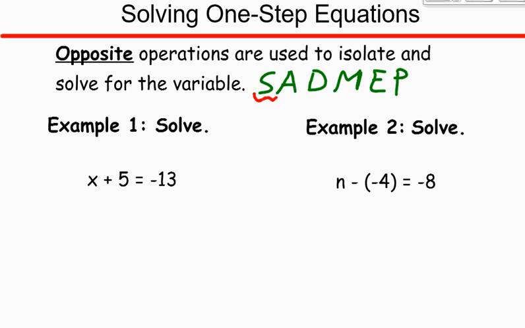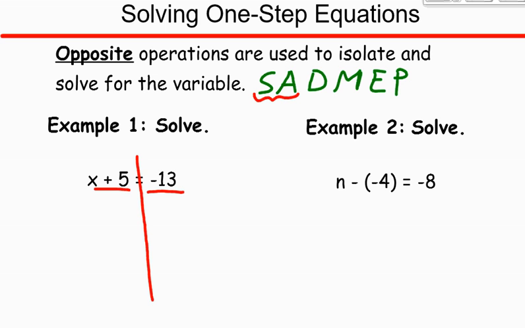So first of all, I'm going to undo any addition or subtraction that I see. When you're solving equations, the very first thing that you should do is draw a line down your equal sign. Now I have two sides of the equation. This side, x plus 5, has to be equal to negative 13. So they're equal sides.